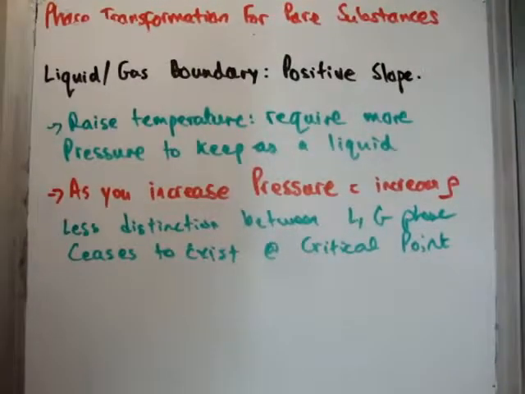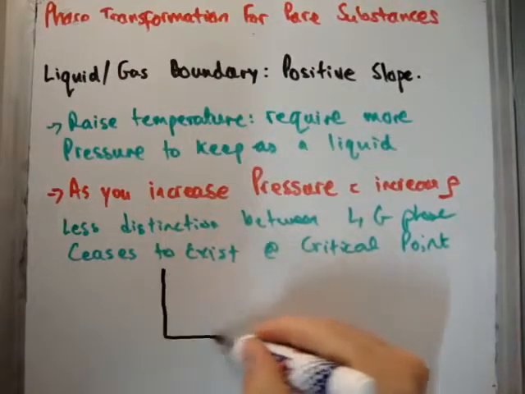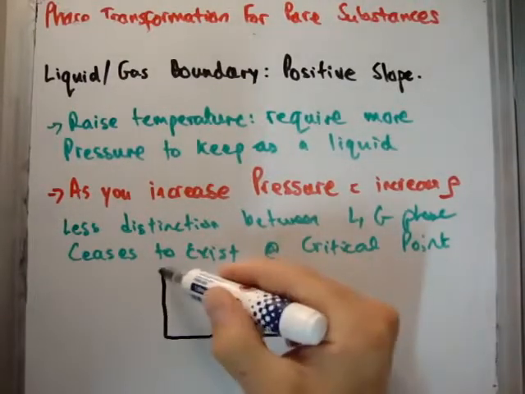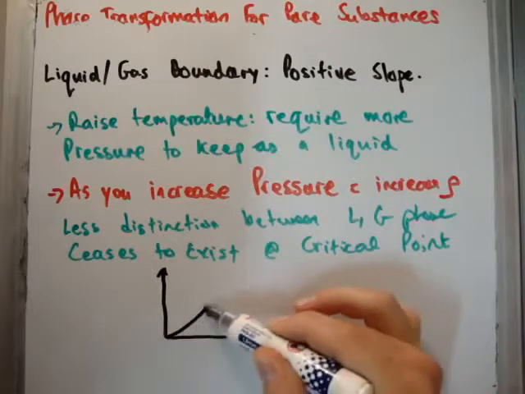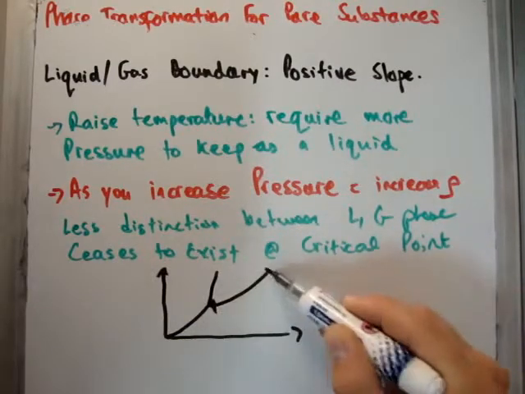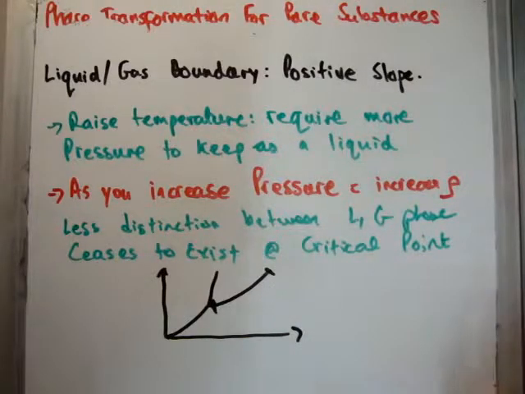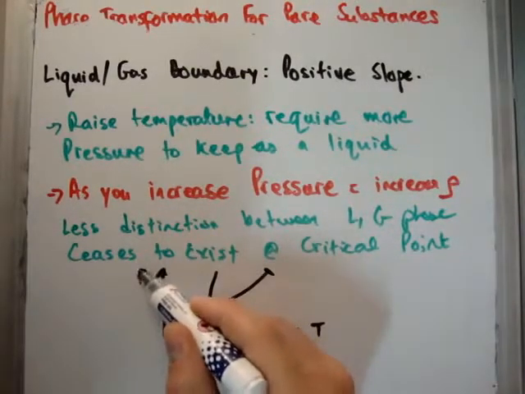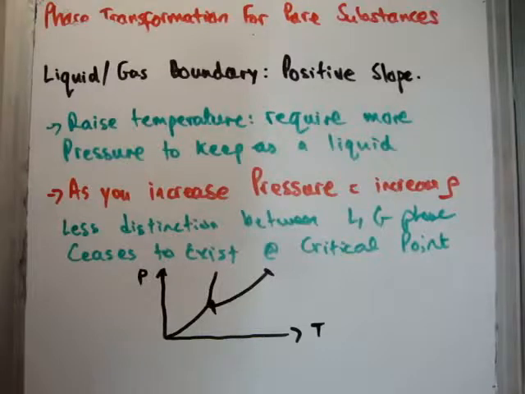So using, we'll say, what we had a moment ago, we had CO2. Okay, so this is pressure on the Y, temperature of course on the X, so it looks something like this. Okay, it looks something like this, and we're talking about from here to here. So this is temperature and this is pressure. So let's say we're on the liquid gas phase line.